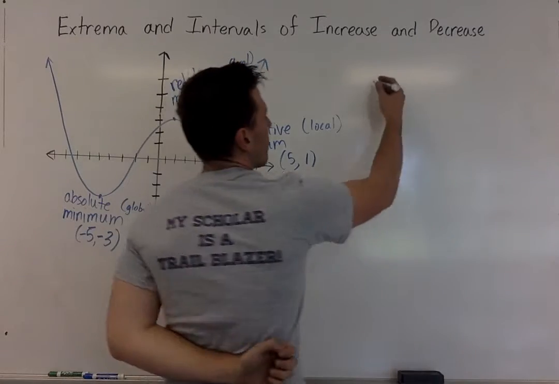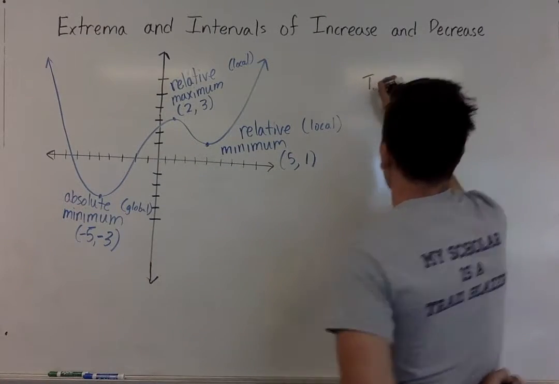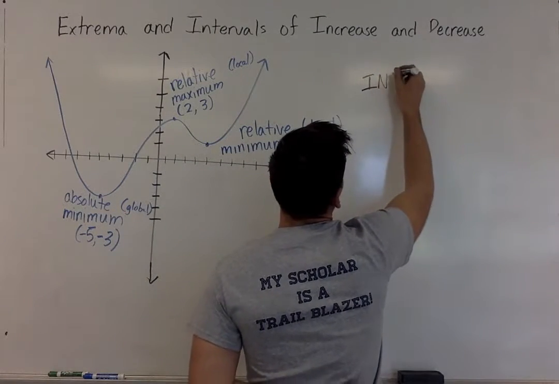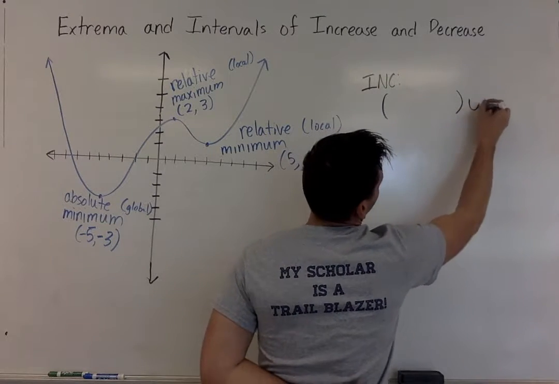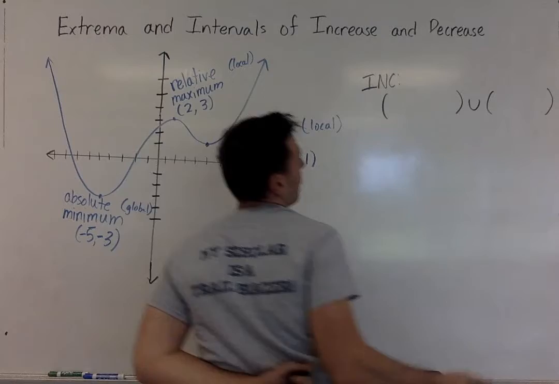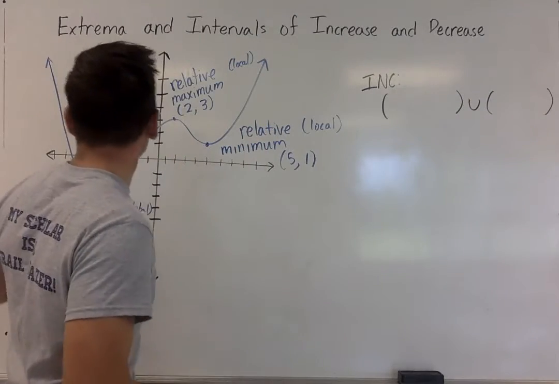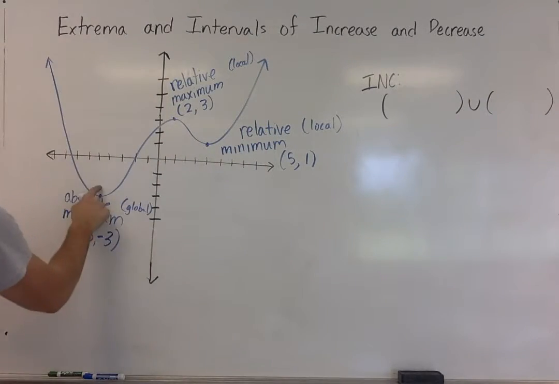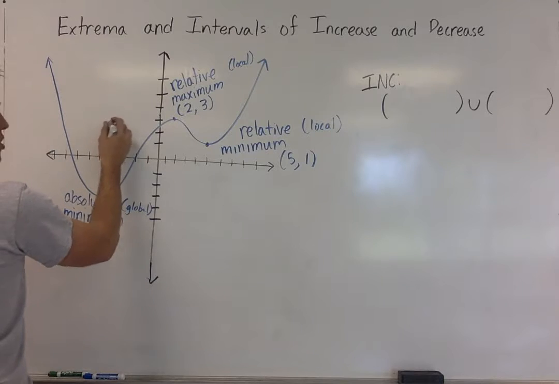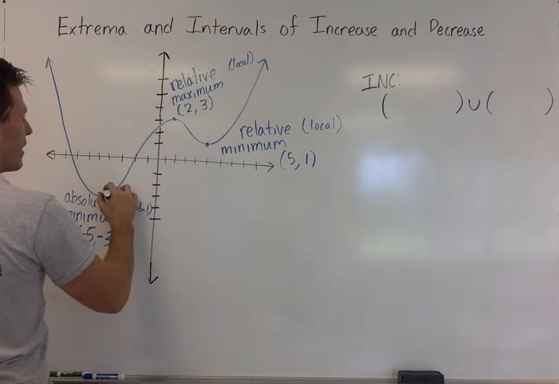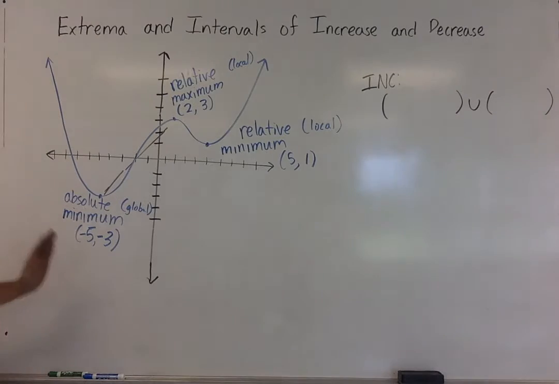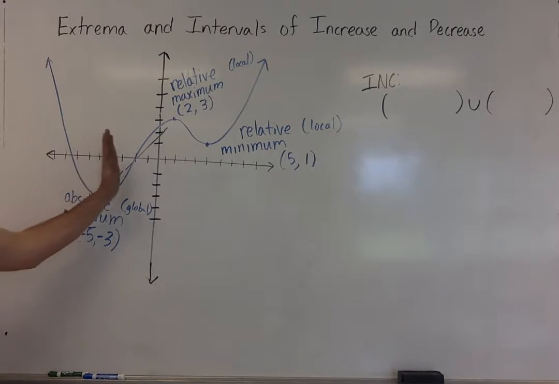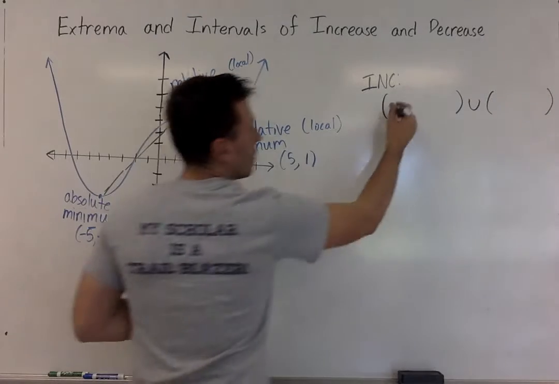So, if we want to write intervals of increase and decrease, this function is increasing in two places, which is why I'm going to have two different intervals. The first place it's increasing is from this minimum to this maximum, just sort of in this range right here. So that goes from negative 5 all the way to positive 2.